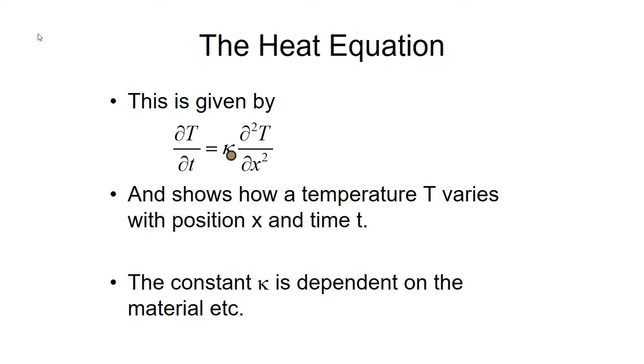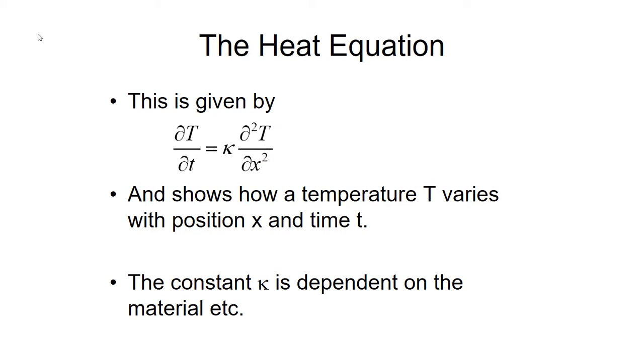Here is the heat equation in a single spatial variable. We have that the change of temperature with respect to time is equal to a constant dependent on the material, or perhaps dependent on the units involved, multiplied by the second derivative of the temperature with respect to position.